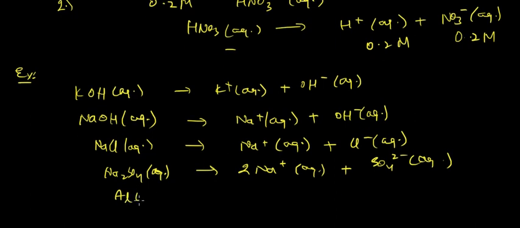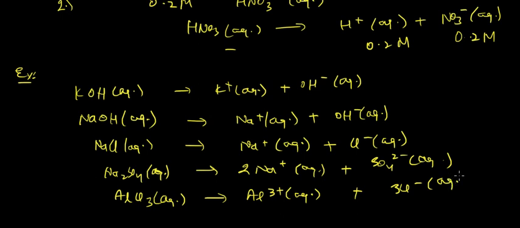Then we have AlCl3 aqueous again breaking up into Al3+ aqueous plus 3Cl- aqueous.